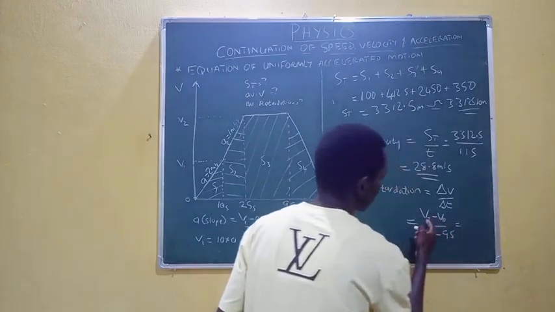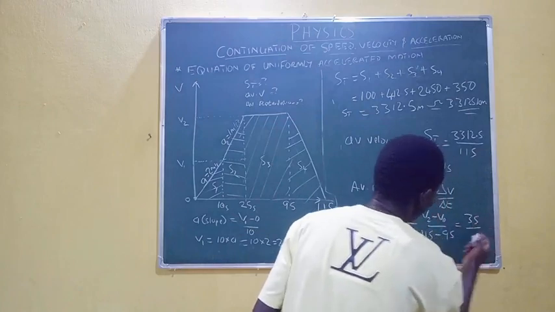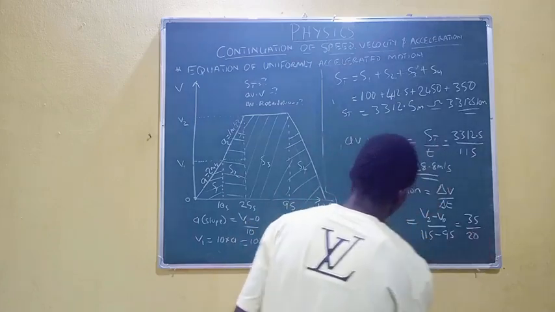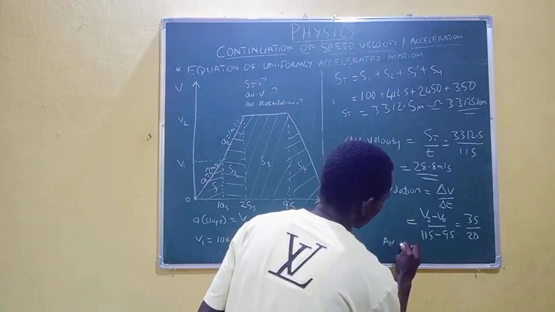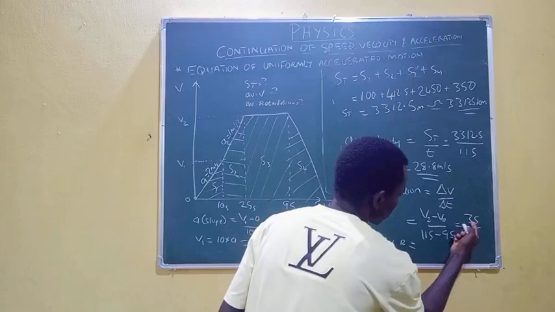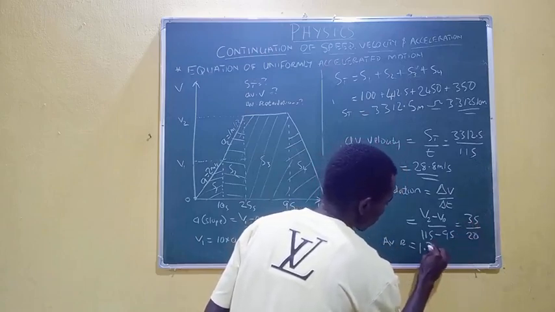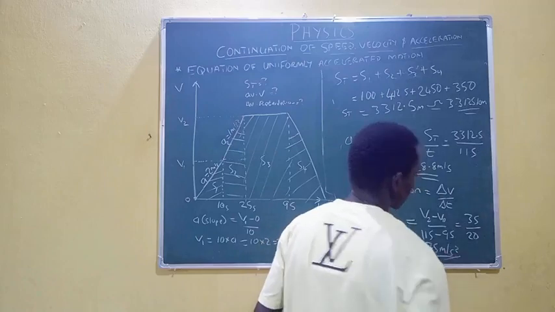We now have v2 is 35, over 115 minus 95, which is 20. Therefore, average retardation will be 35 divided by 20, which is 1.75 meters per second squared.